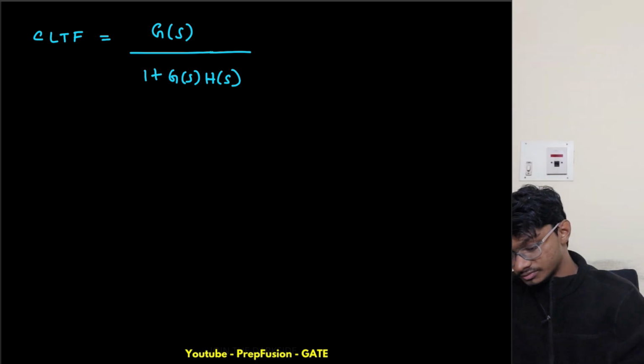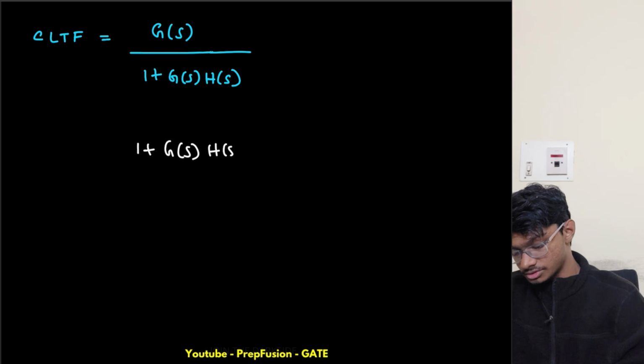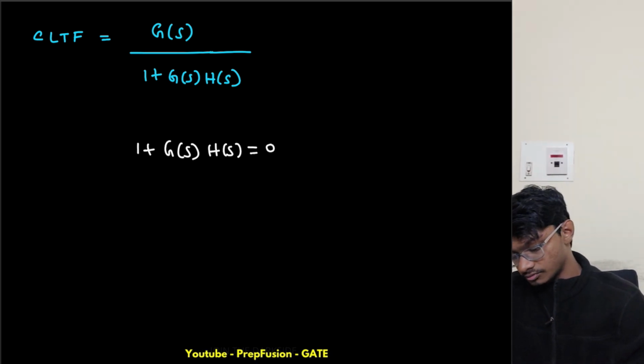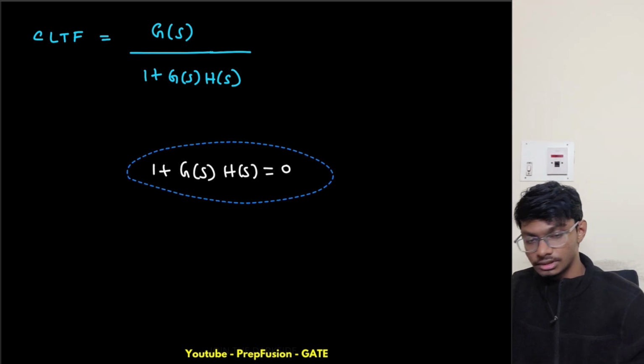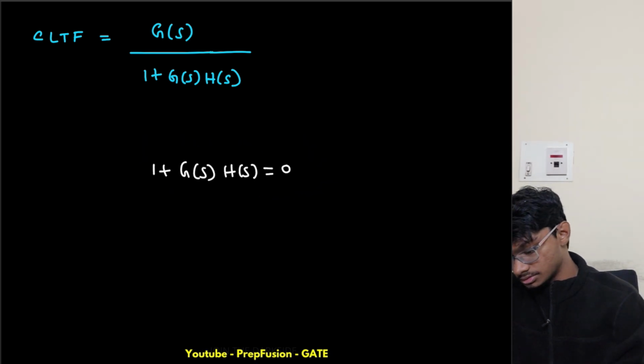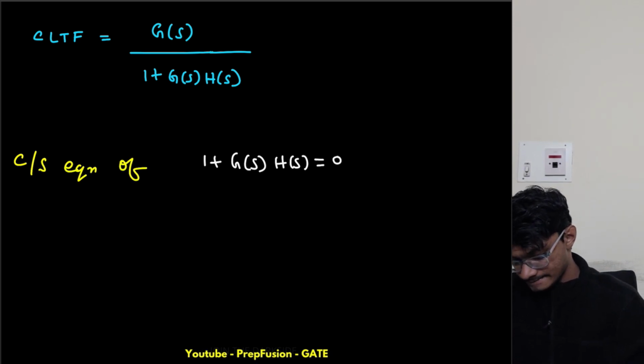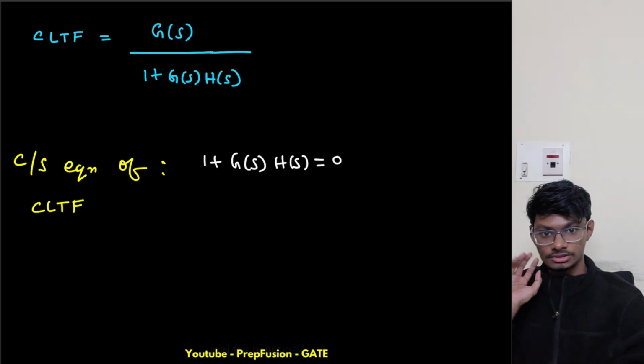Now if I make 1 plus G(s) H(s) equal to 0, this will give me the roots, right? So what is this? This is the characteristic equation of CLTF.